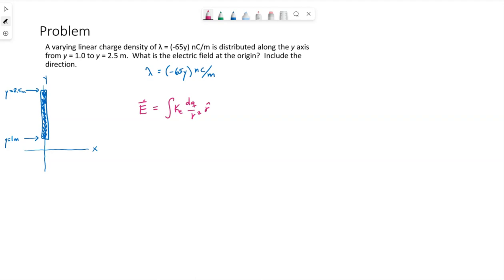So ultimately, we need to figure out dq, r, and r hat in terms of one variable alone before we can integrate. If you watched the previous video, you saw that we got everything in terms of constants and the variable x because each piece of charge was a different distance x from the origin.